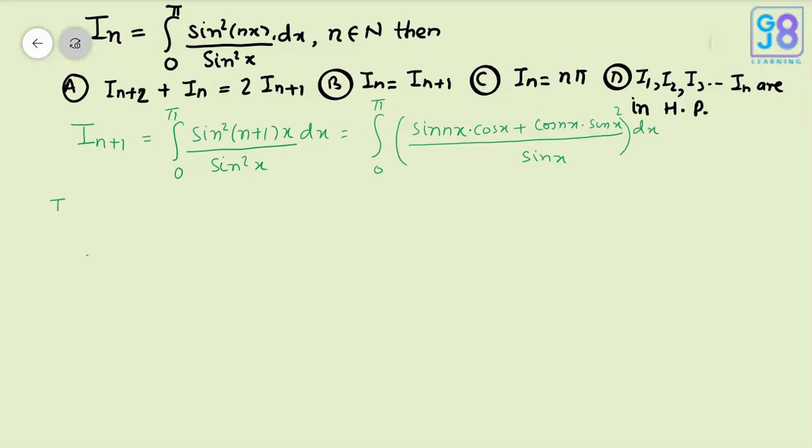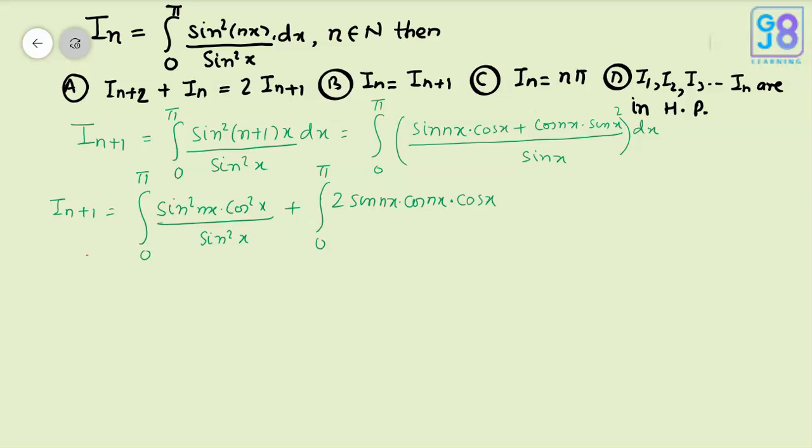If we simplify this, then we have I_(n+1) equals integral 0 to pi of sine squared nx times cos squared x over sine squared x, plus integral 0 to pi of 2 sine nx times cos nx times cos x times sine x over sine squared x.